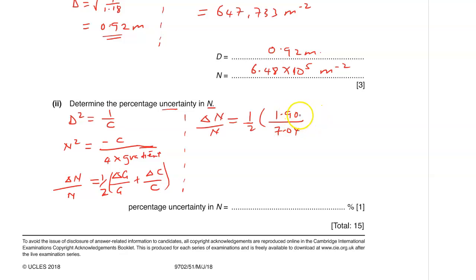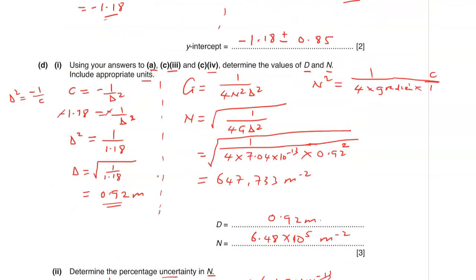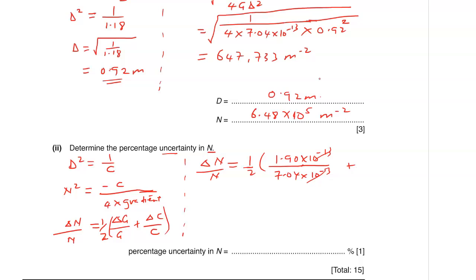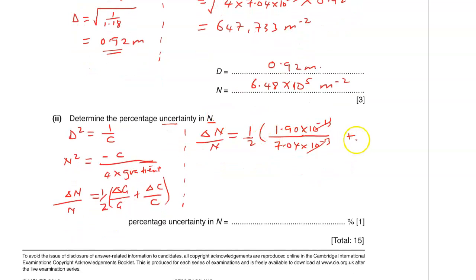You can ignore the 10 to the power minus 13 because it's going to cancel. Plus the uncertainty of C, which we have found here, 0.85, over the value of C, which is 1.18, close the bracket.